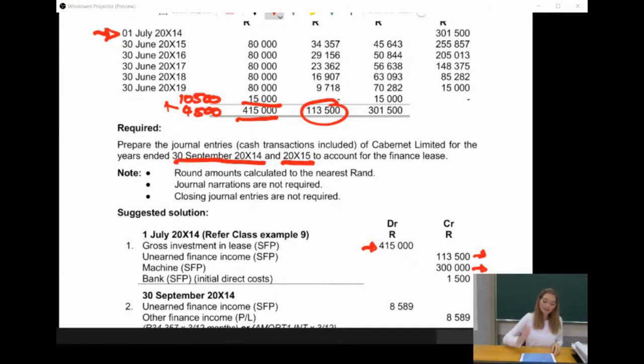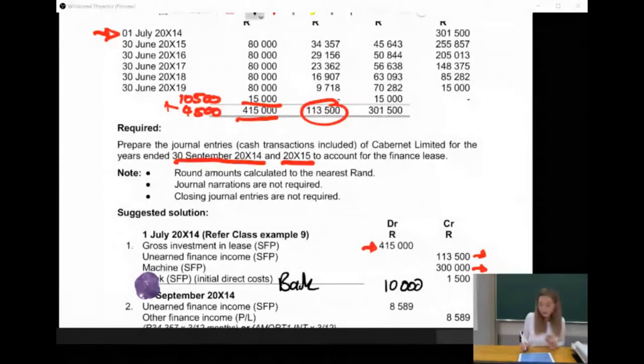So what would happen now if there was a deposit that was paid by the lessee on that day? If there was a deposit paid by the lessee, then we would also have a bank journal over here to recognize that payment that was received, the deposit payment.